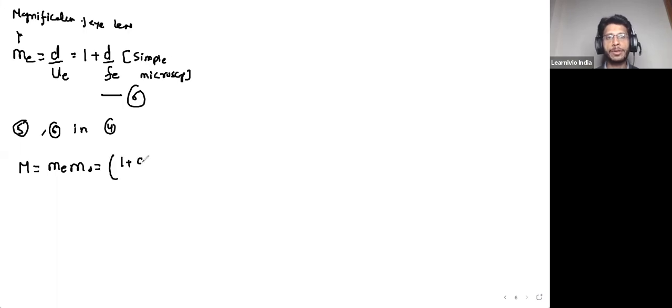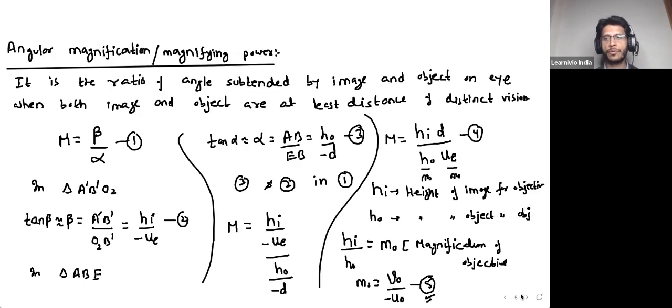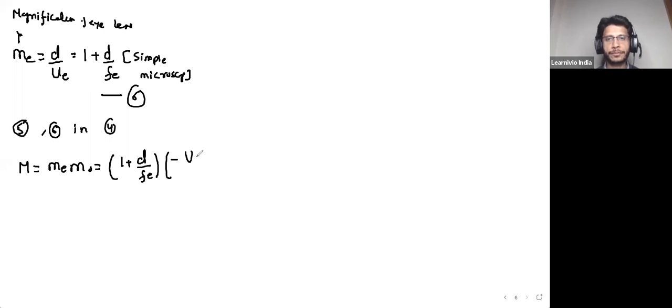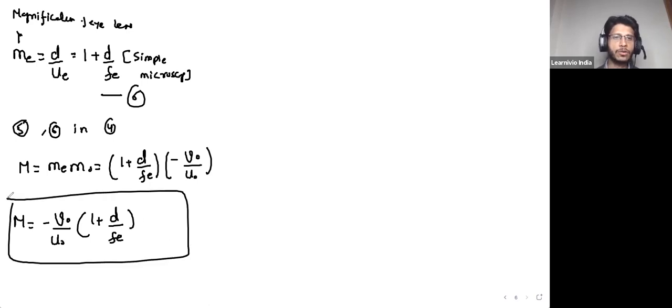ME is 1 plus D by FE. M naught is minus of V naught by U naught. So M is minus of V naught by U naught times 1 plus D by FE. This is the angular magnification of the compound microscope.